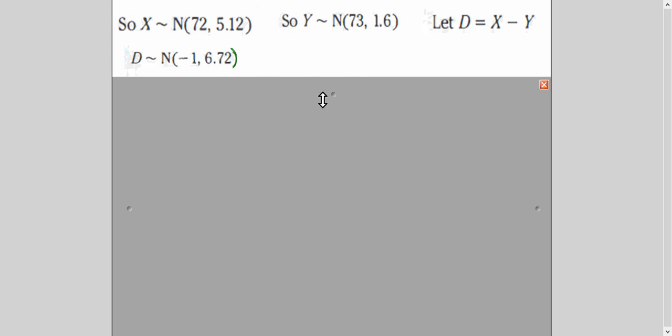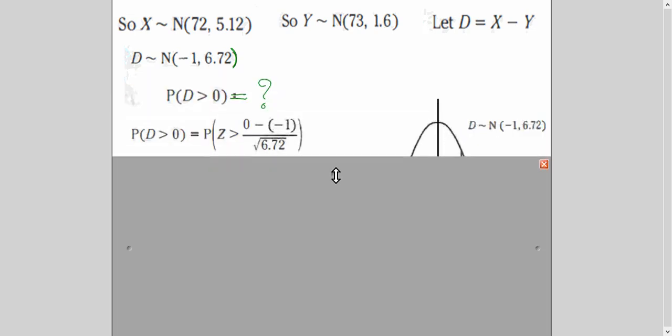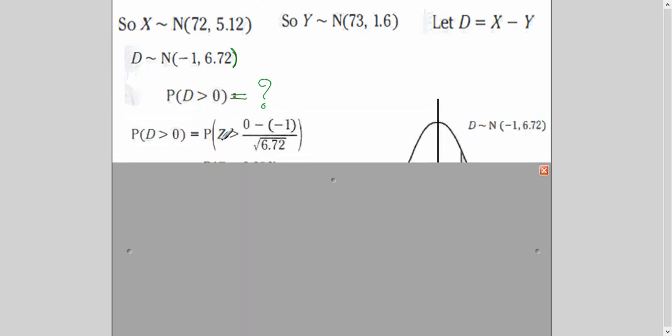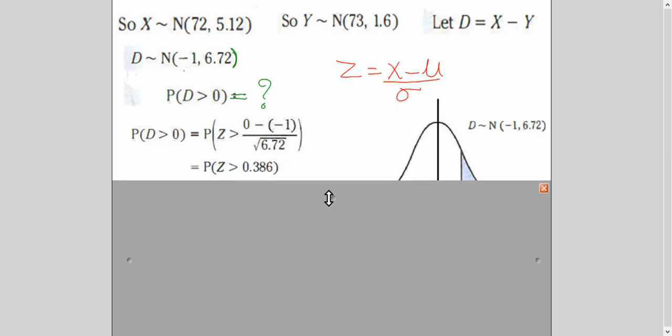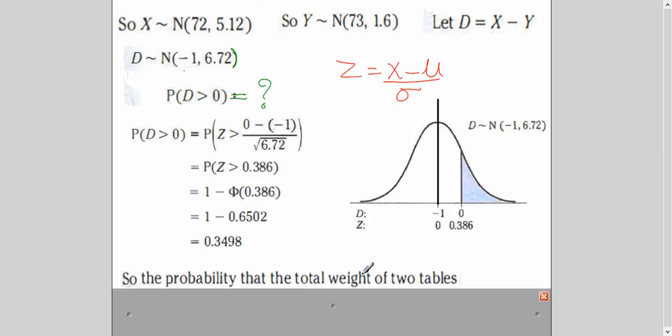So to answer this question, now we will change it into z. And I hope you remember the formula for z is x minus mu over standard deviation. And this is my mean, minus 1. Variance, so I'm taking root of it. Then it is the simple normal distribution method, and you are calculating z with the help of the table.